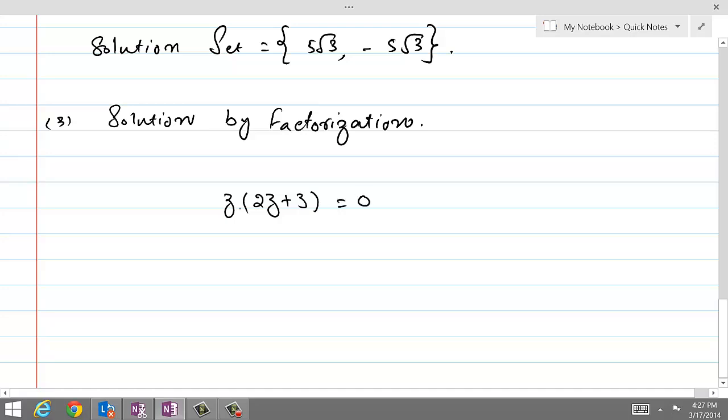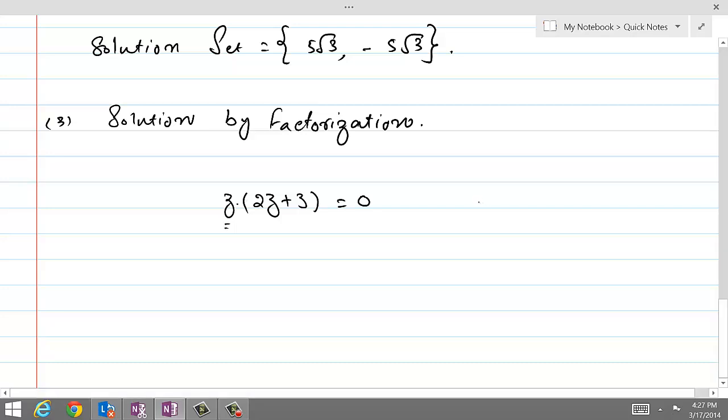Now here if we look at these two factors, z times 2z plus 3, these are two factors whose product is equal to 0. And we know from the properties of real numbers, the product of two real numbers could be equal to 0 only if one of the two numbers is 0.